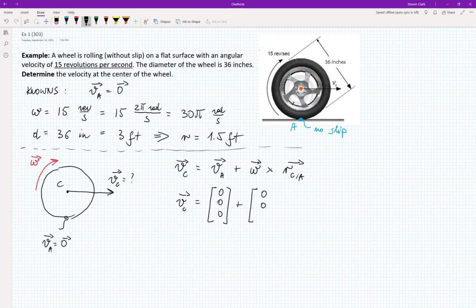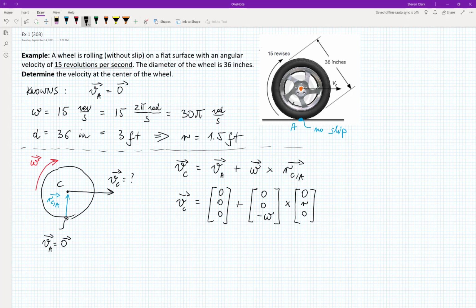It is into the board, yeah. So it will be minus omega, right? So in here I have to write minus omega. And I have to cross it with this vector, but that vector is not yet on the picture. Let me draw it first. RCA is here. Okay, so I think that components of RCA are 0, R, 0.